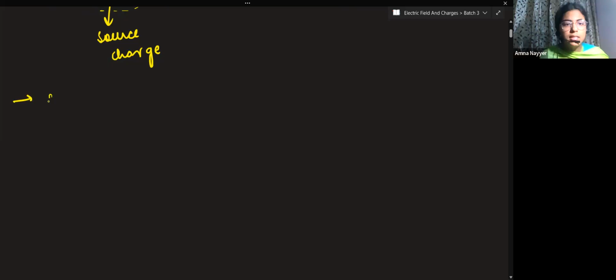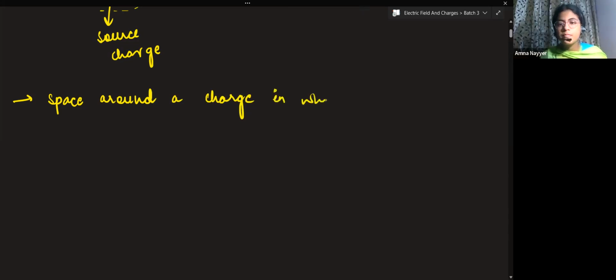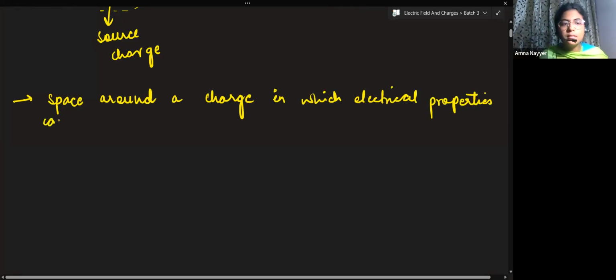It is the space around the charge in which electrical properties can be experienced.